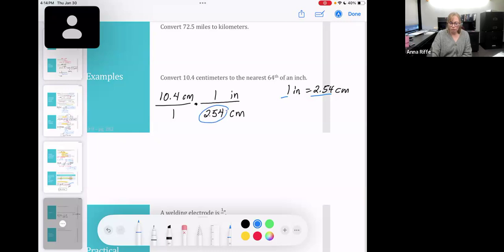2.54 is now in the denominator. So that means I want to divide 10.4 by 2.54. My centimeters will cancel. That will give me the solution in decimal form in inches.